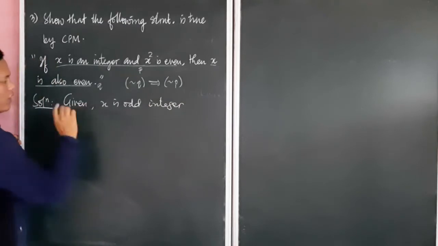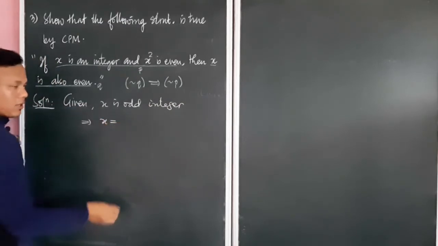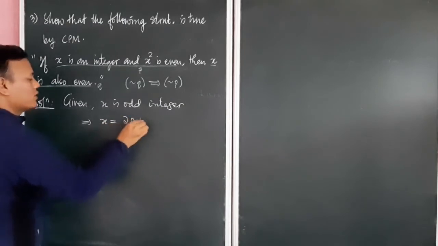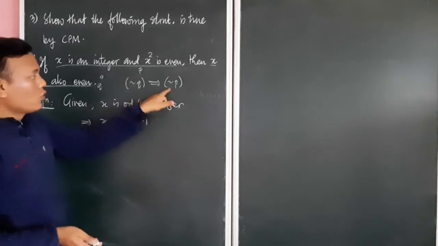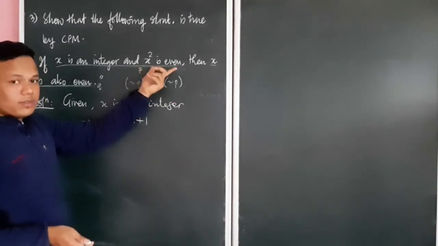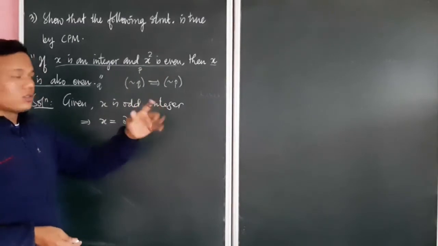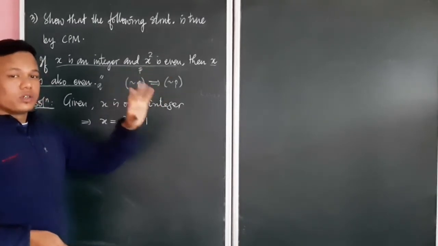Alright, now if x is an odd integer, what is the meaning of this? This means that x can be written as 2n plus 1, right? And what is our aim? Our aim is to prove negation p. And what is p? p is x square is even, and what is the negation of that? The negation of x square is even is x square is odd.